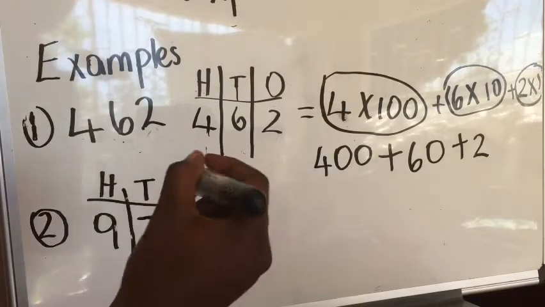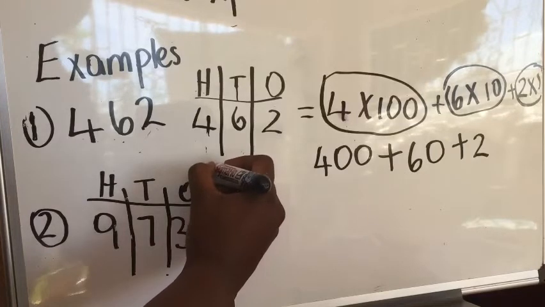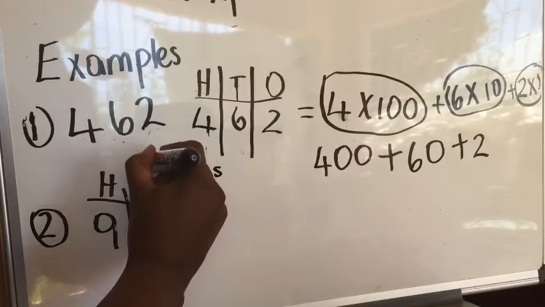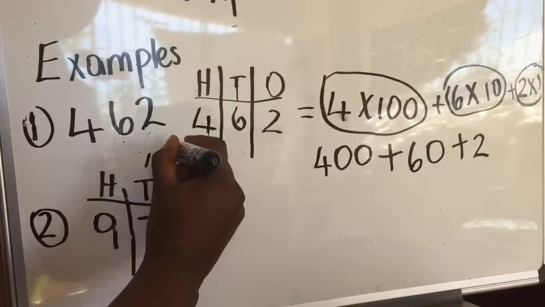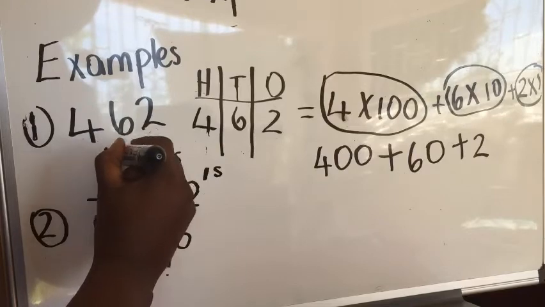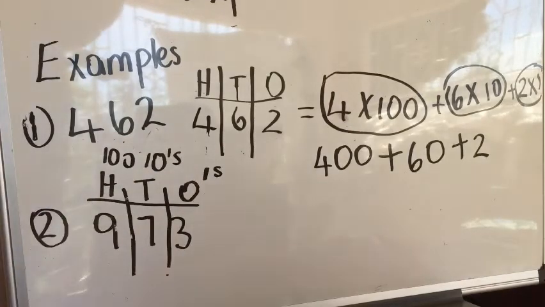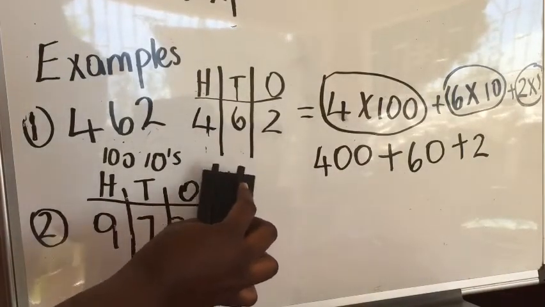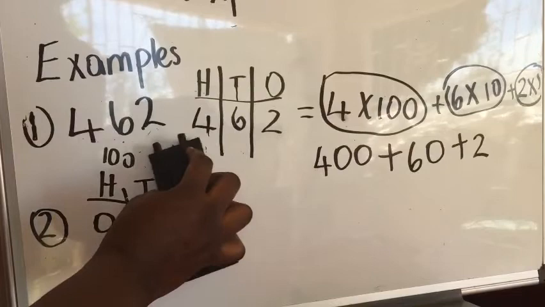So I'm going to put the letters above so you can see. This is ones, tens, and this is hundreds, right? But I don't want the work to be very messy, so I'm going to remove it so you can see it clearly. Ones, tens, hundreds.